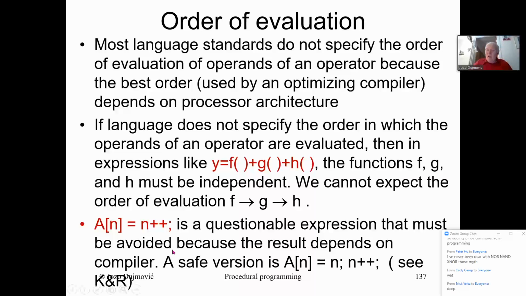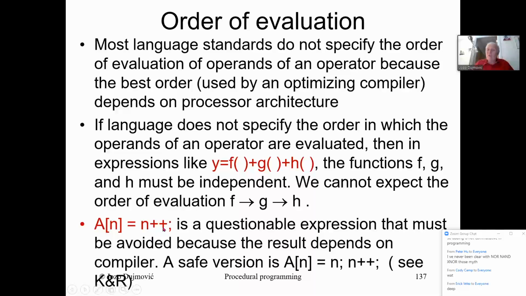So in the case of the C language, they don't suggest to write a of n equals n plus plus, because you are not sure whether this n plus plus affects this n or not. This is not safe, because some compilers can interpret that in the wrong way, first computing n plus plus and then performing this n, because you cannot do the assignment unless you finish this.